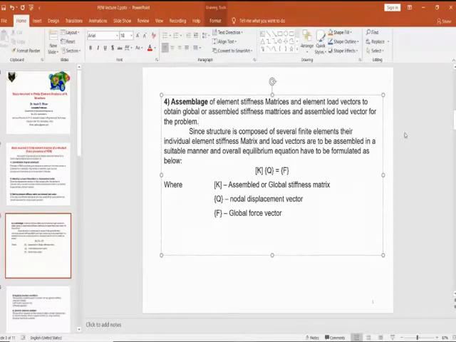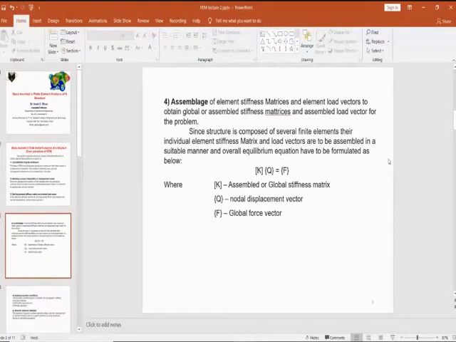Here, in the previous step, we wrote down the element stiffness matrix and element load vector for each element separately. So if we have divided the body into 10 elements, we will have 10 element stiffness matrices, that is K1, K2, K3 up to K10, and F1, F2, F3 up to F10.